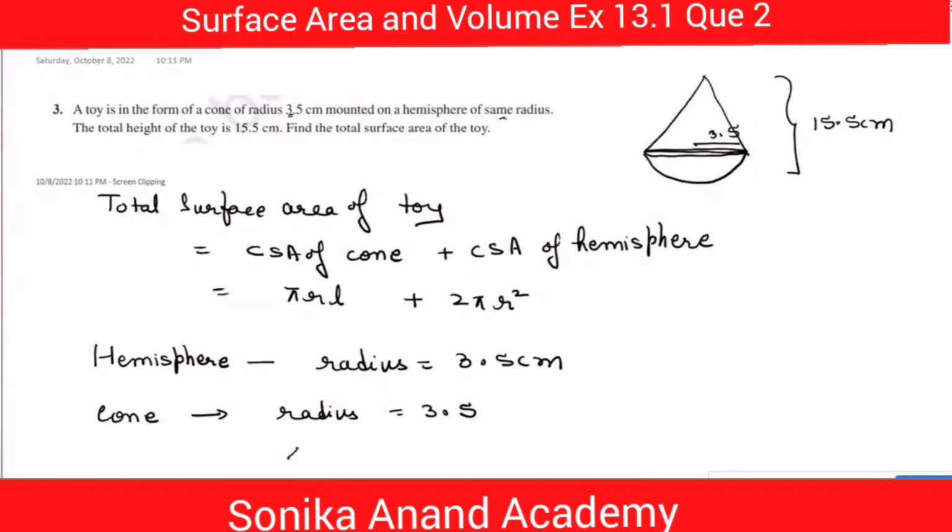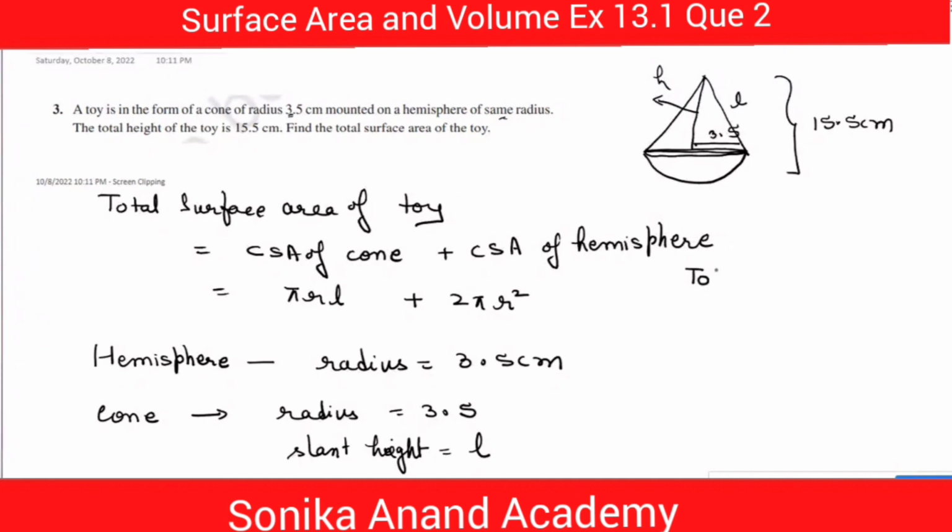Now we have to find the slant height, which we have to put in the formula, that is l. If I need l, I need the height, then I will find the slant height.